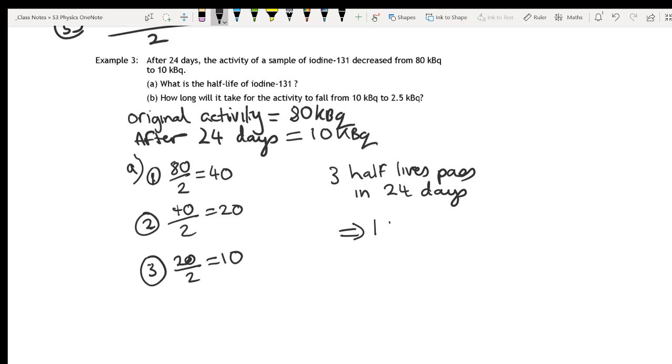So 1 half-life is 24 divided by 3, so 8 days. Everyone okay with that?